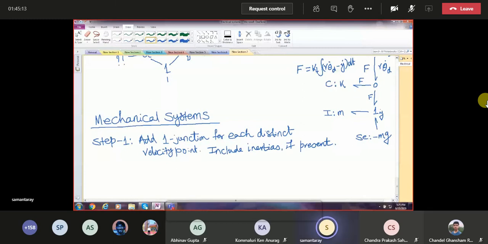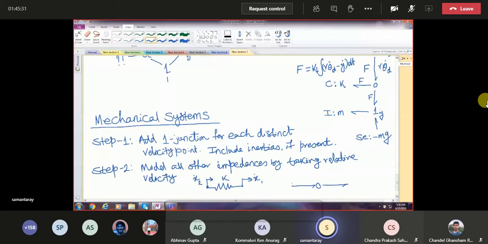So if you have a spring, let's say K, with velocities x1 dot and x2 dot, then we take x1 dot minus x2 dot at a zero junction. This is one distinct velocity point, x1 dot, and this is another distinct velocity point, x2 dot.